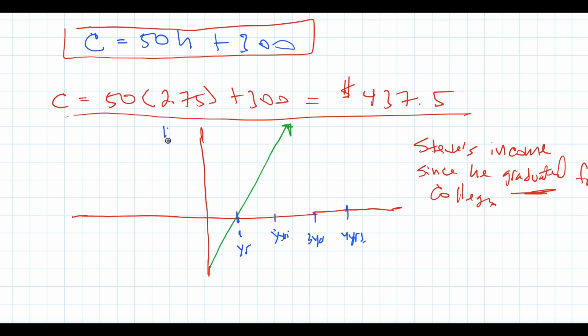This is dollars on this side. I didn't give you any dollar amounts, but something should still strike you as kind of weird. There's no dollar amount. What else? It doesn't go through the origin. That's kind of interesting, I guess.